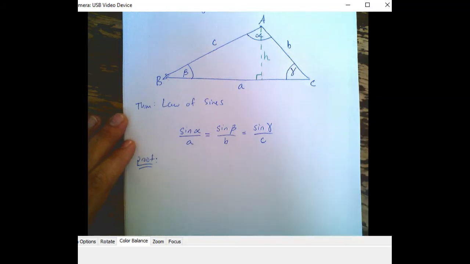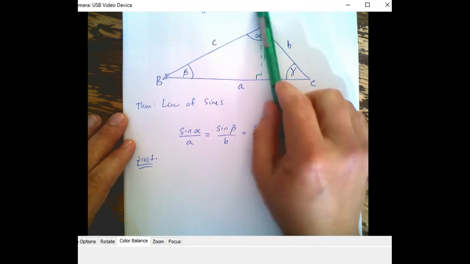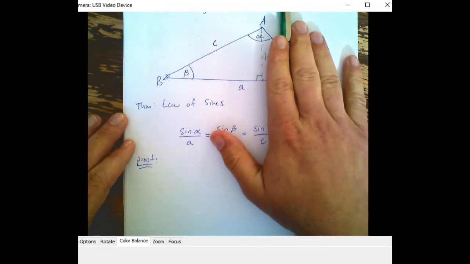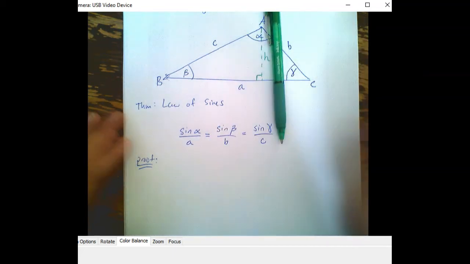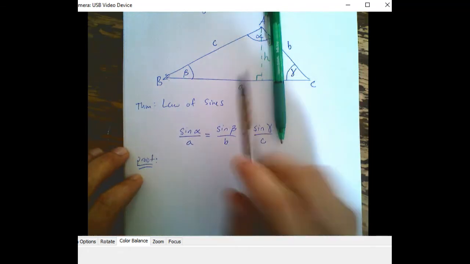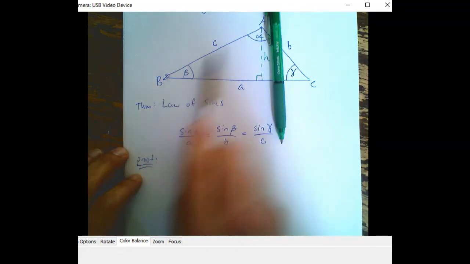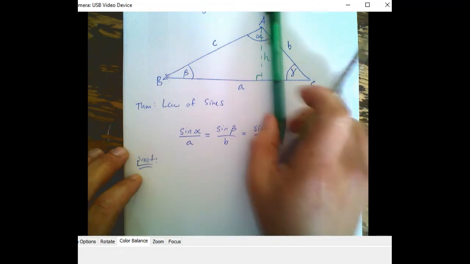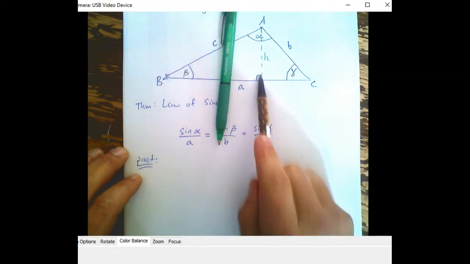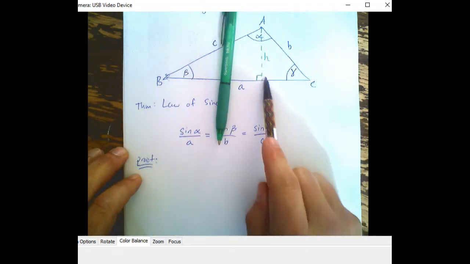Now, what we notice is that there are two right triangles inside of our triangle. We have this right triangle here, and then we have the smaller right triangle on the right-hand side here.